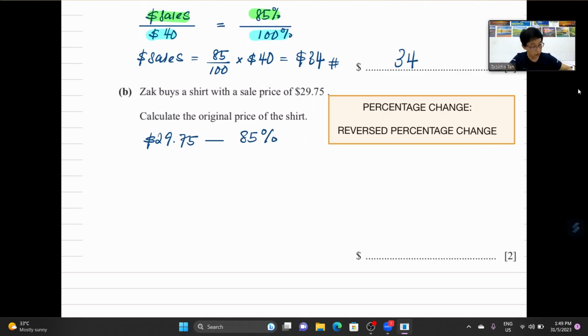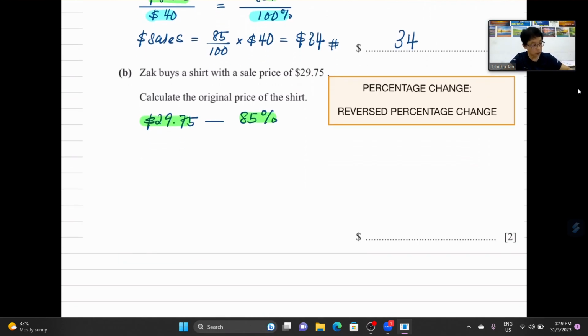And they ask us to find the original. So what we're going to do is just put here original. And what is the percentage representing original? Yes, 100. Now just arrange them green to green, blue to blue.